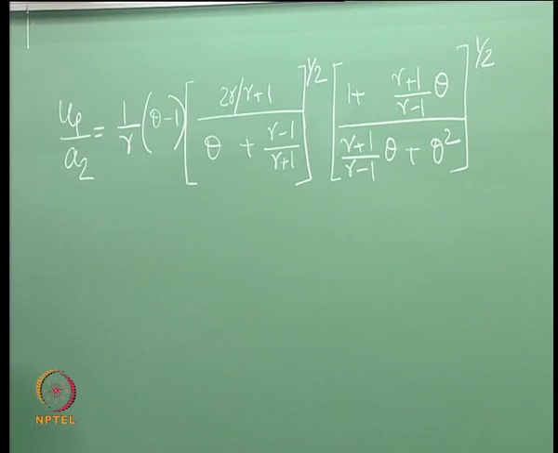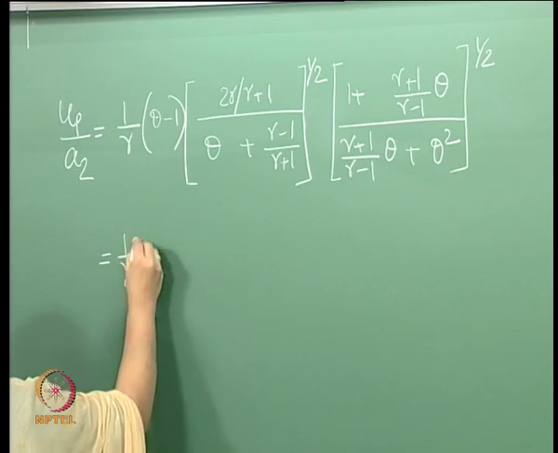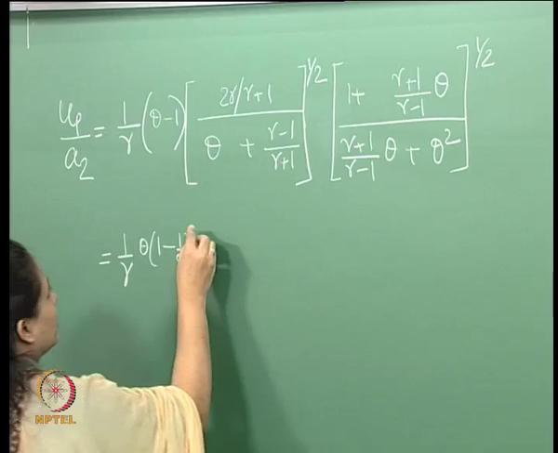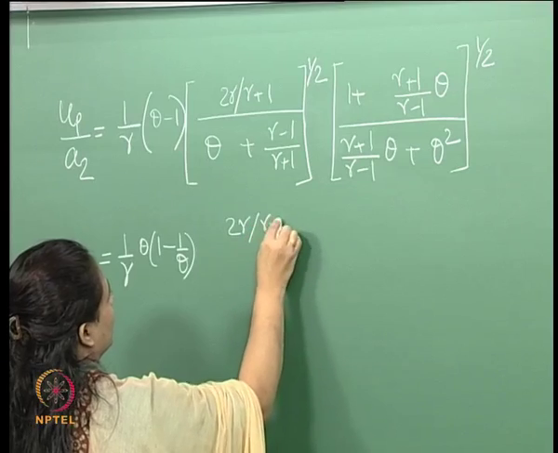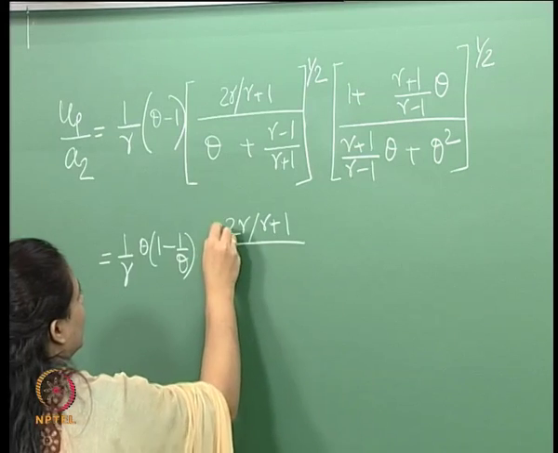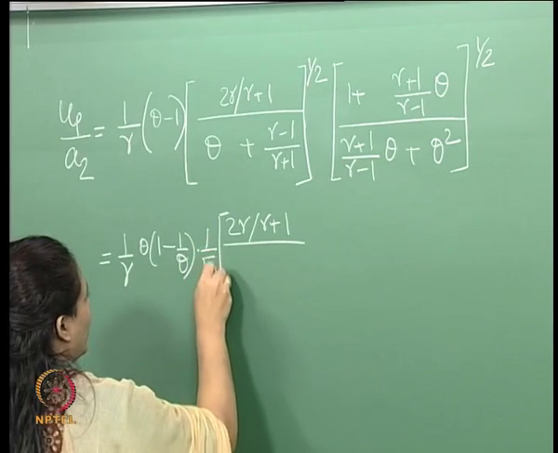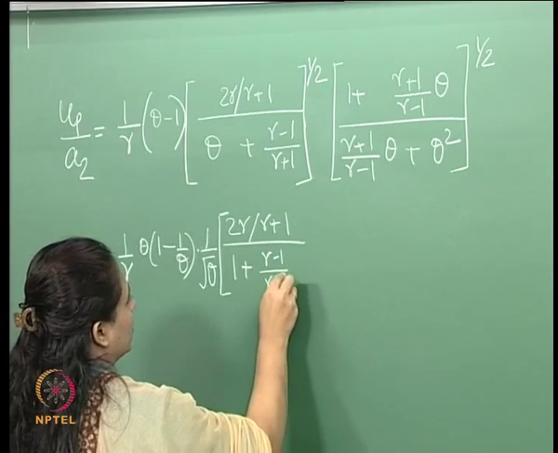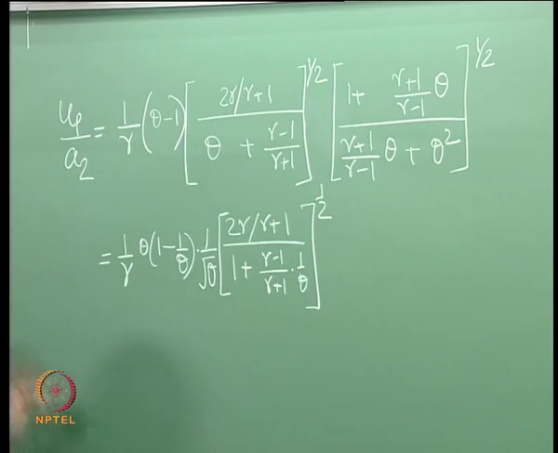Now I'm going to do something one more step out here. I'm going to write this like this. Then basically I take theta out, so what I get here is 1 by root of theta, so I get 1 plus... Hopefully you can see what I'm doing.